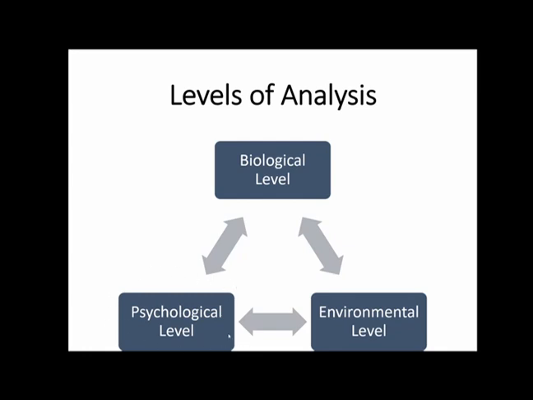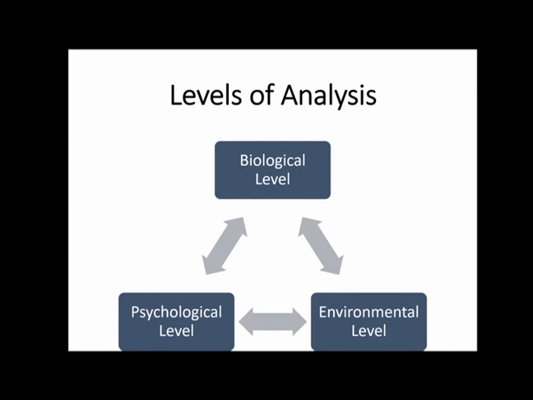So if we're thinking about the psychology of things, the mental components, our thoughts and feelings, things that are motivating us. And then our third level of analysis is the environmental level. So if it's not our internal motivations or our biological motivations, it's something external from our environment. So past and current physical and social environments that are all around us all the time.